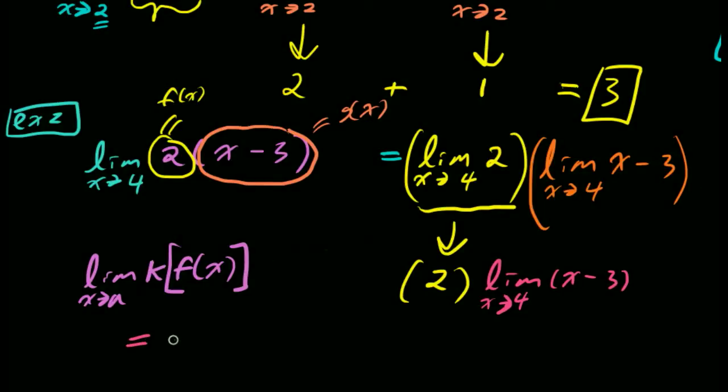We can just say that this is going to be equal to whatever that constant k is times the limit as x approaches a of f of x. So that's a really powerful tool that we're going to be using in a number of different ways. And again, you can see that we're simplifying the term that we have to take the limit of. So anyway, now let's go ahead and just finish up evaluating this.